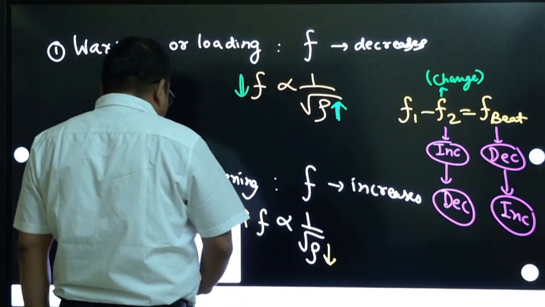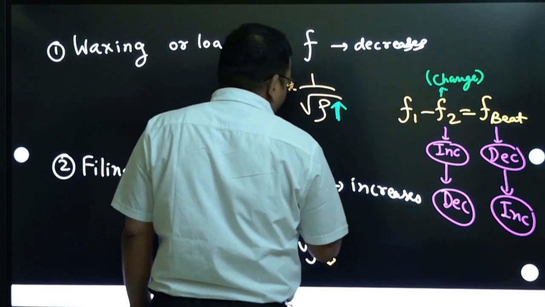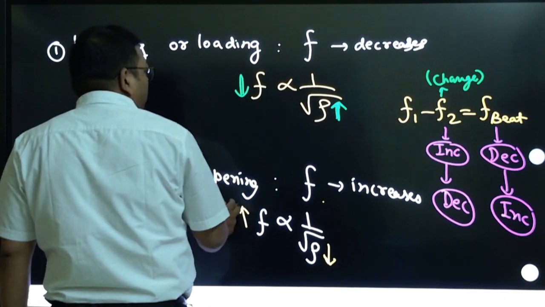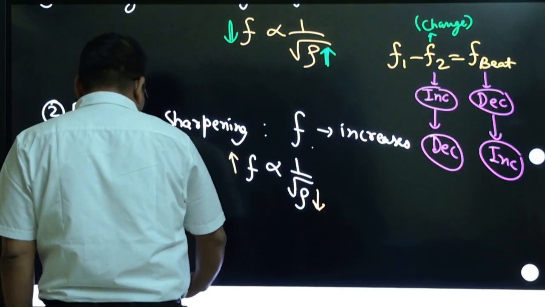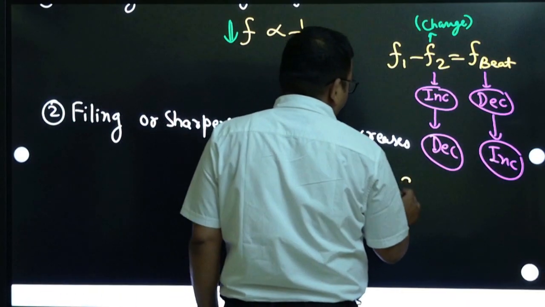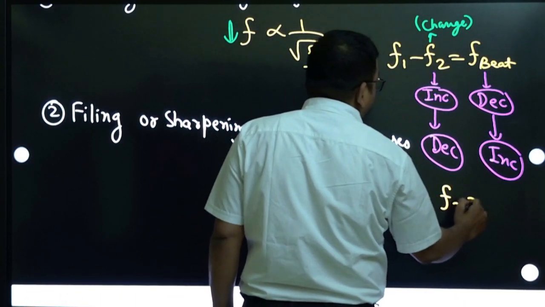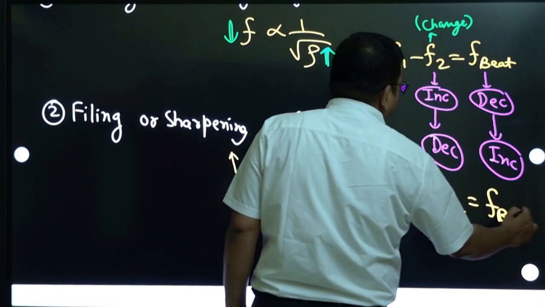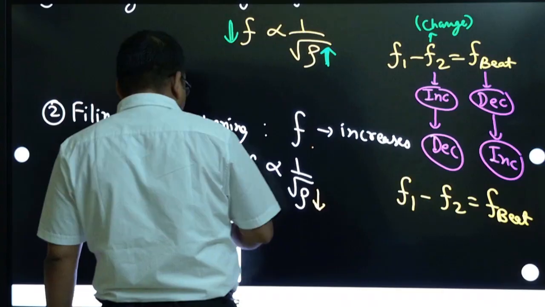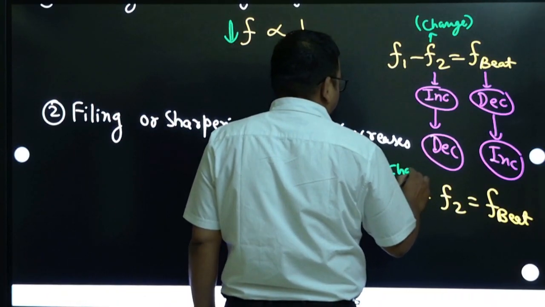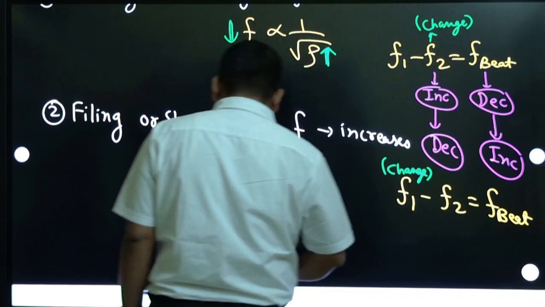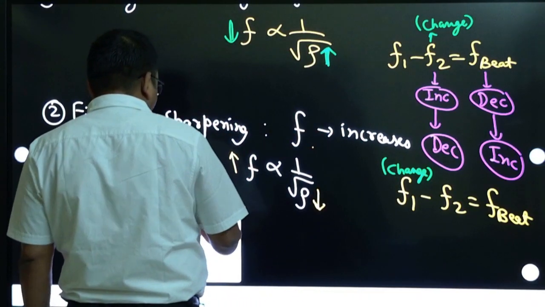But suppose f1 is changing, then the change of f1 is different, okay, it will affect differently. Suppose you consider f1 minus f2 is equal to beat. Now let us say you are changing f1.